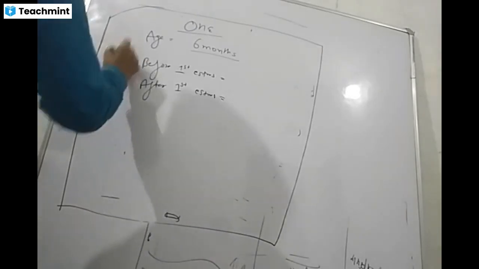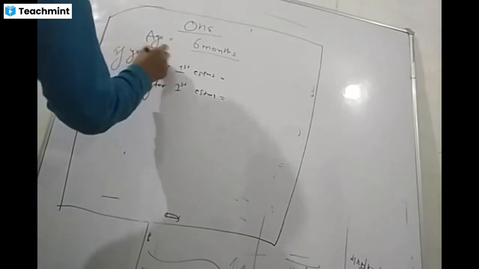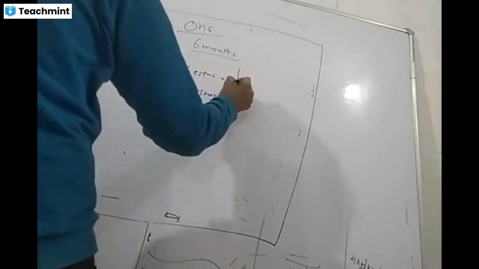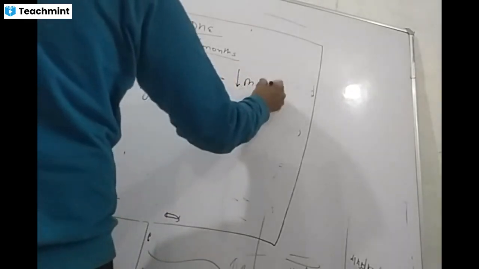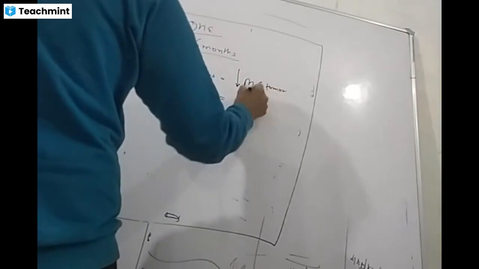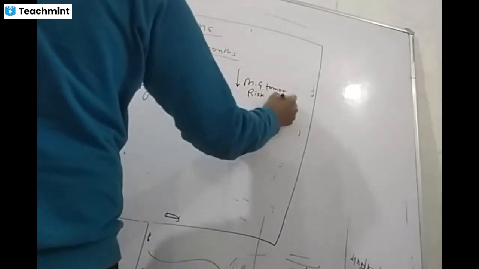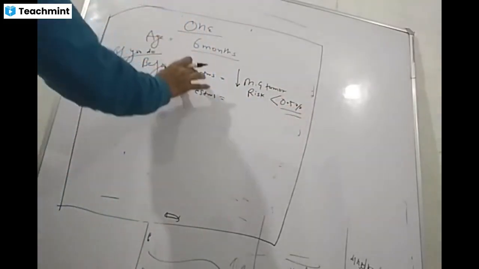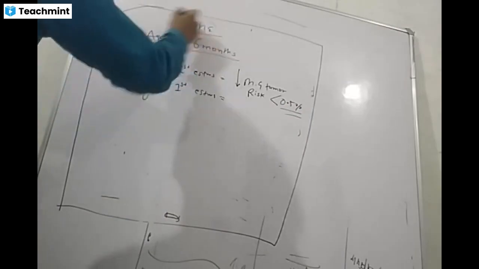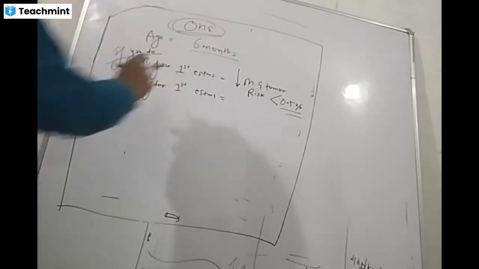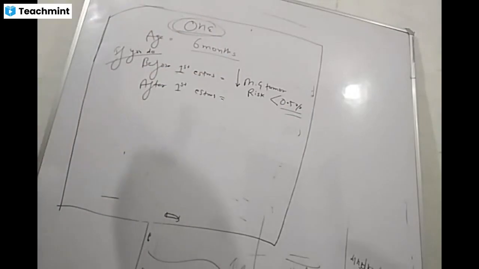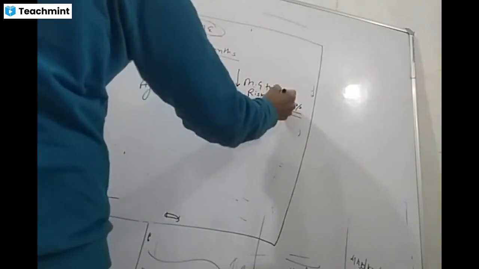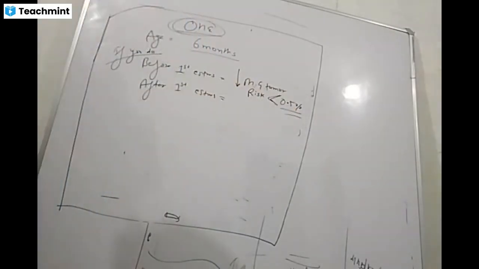If you do it before first estrus, then that may decrease the mammary gland tumor risk to less than 0.5%. Means if a bitch undergoes the OHE procedure before first estrus, then in future life the risk of development of mammary gland tumor will be less than 0.5%.